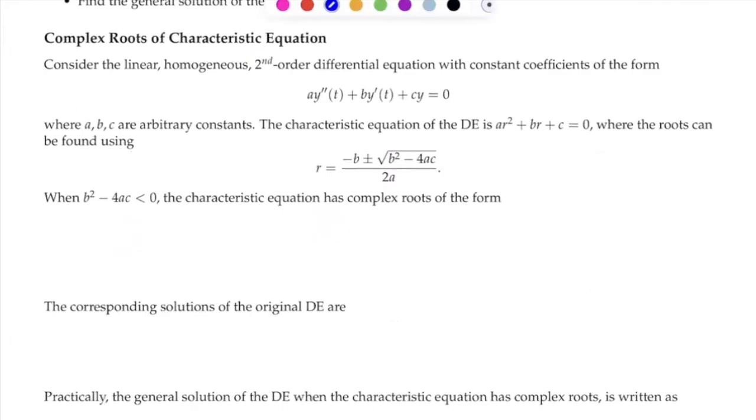So we're going to get two solutions, right? In the case of complex roots, r1 equals lambda plus i mu, and r2 equals lambda minus i mu. Lambda is called the real part and mu is called the imaginary part.